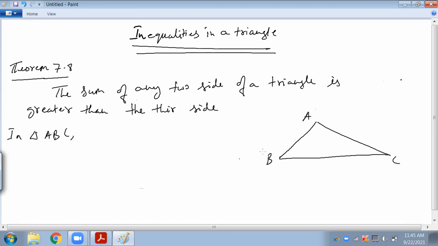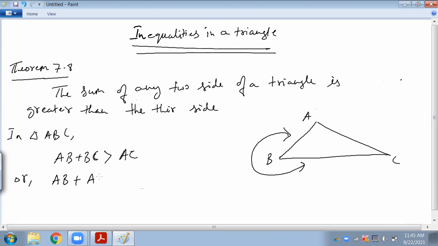If you take the sum of the sides AB and BC, it will be greater than AC. Or if you take AB plus AC, it will be greater than the third side BC.